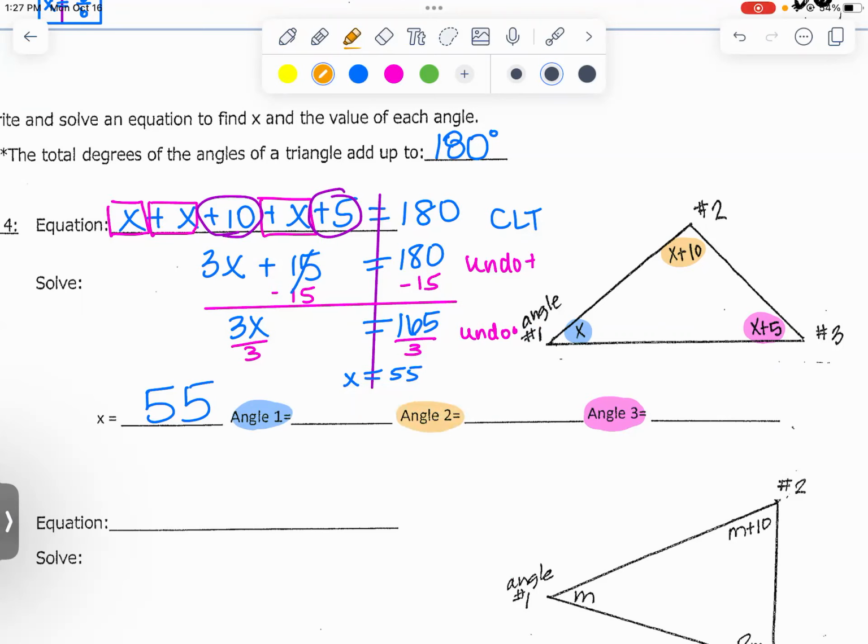Just hold on, everybody look up here. Angle 1 is x, right? So what's angle 1? 55 degrees. Well, x is 55, okay? Now, angle 2 is x plus 10.